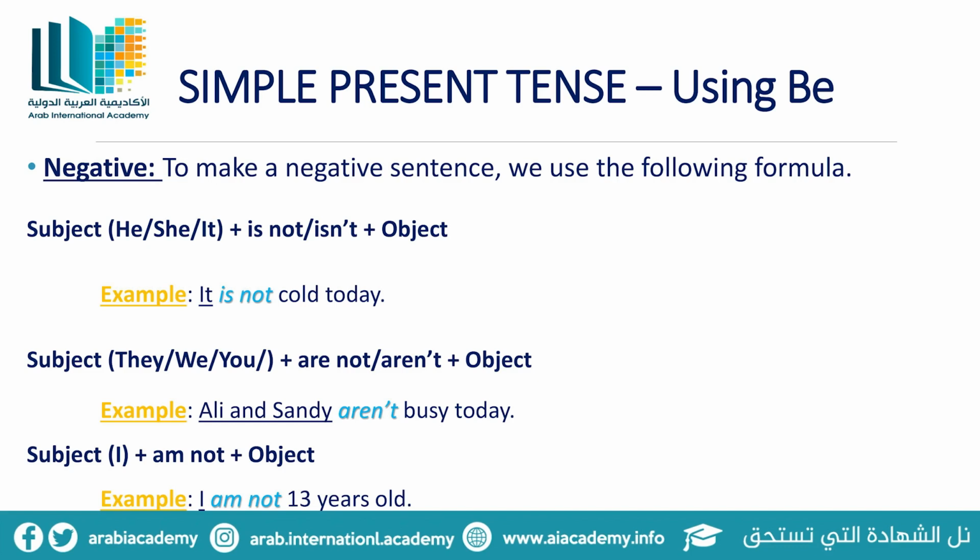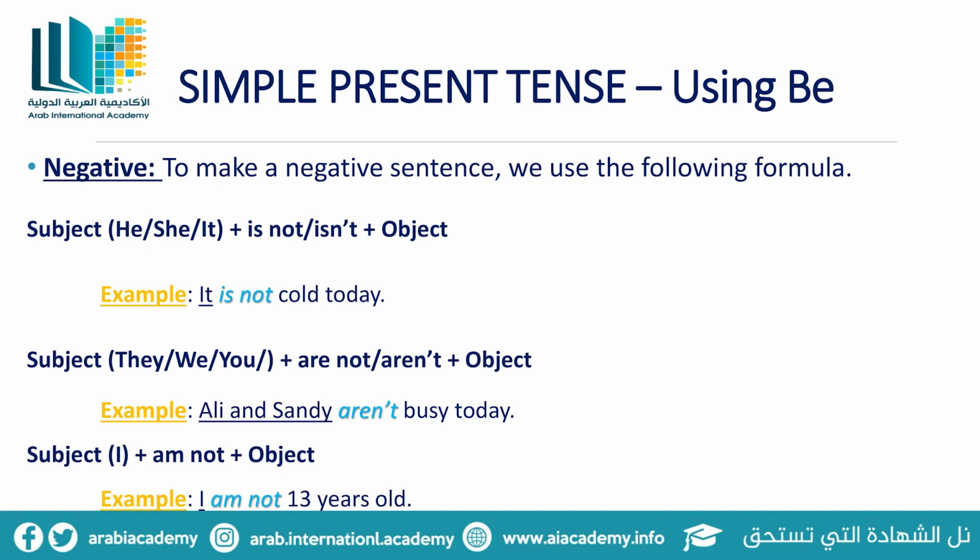Ali and Sandy refers to the pronoun they, and the subject they takes are not in a negative sentence. So the sentence will be Ali and Sandy are not busy today.